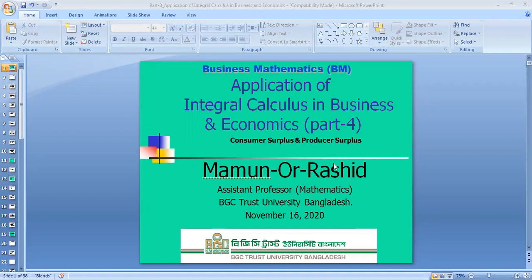So we have this definition, you must remember these two formulas for consumer surplus and producer surplus. We have started the application of integral calculus in business and economics.